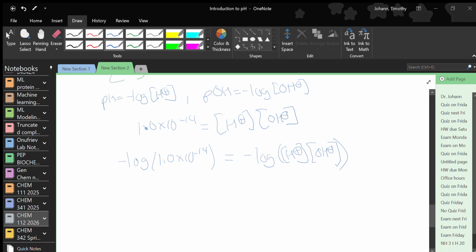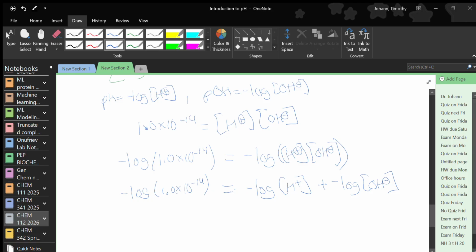Now remember, if it's a log of something times something, I can break those out and separate them. So I can rewrite this as negative log of 1.0 times 10 to the negative 14th is equal to negative log of H plus concentration plus negative log of OH minus concentration.